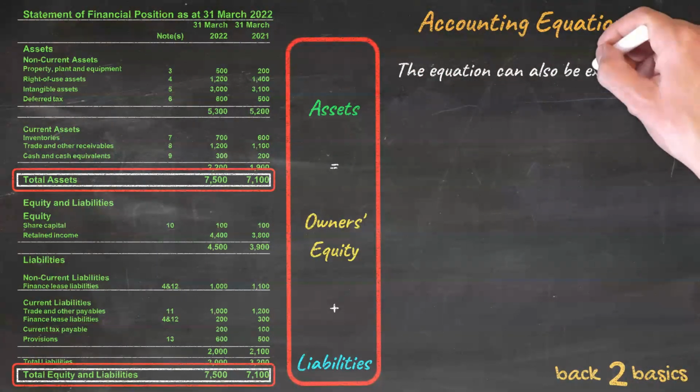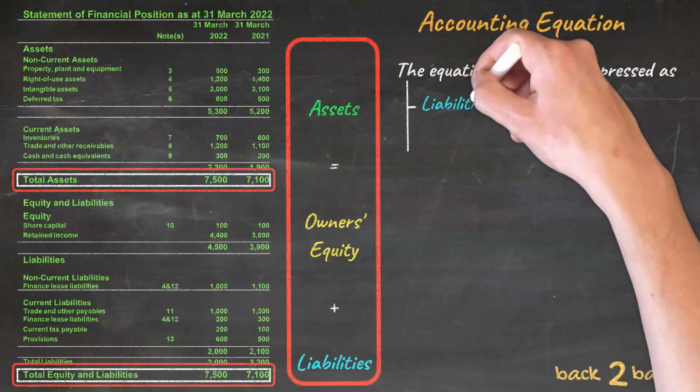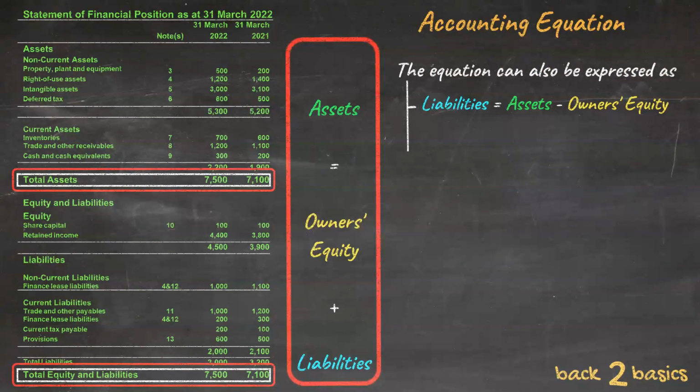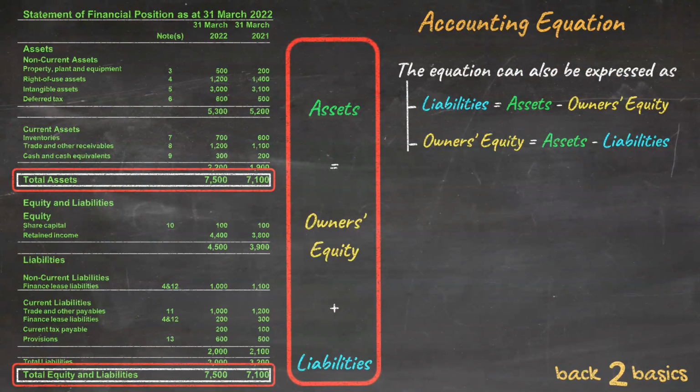The equation can also be expressed as liabilities equals assets minus owner's equity or capital, or owner's equity equals assets minus liabilities. We have now shown how the accounting equation is used to show how transactions affect 3 out of the 5 basic account types, namely assets, liabilities, and owner's equity.